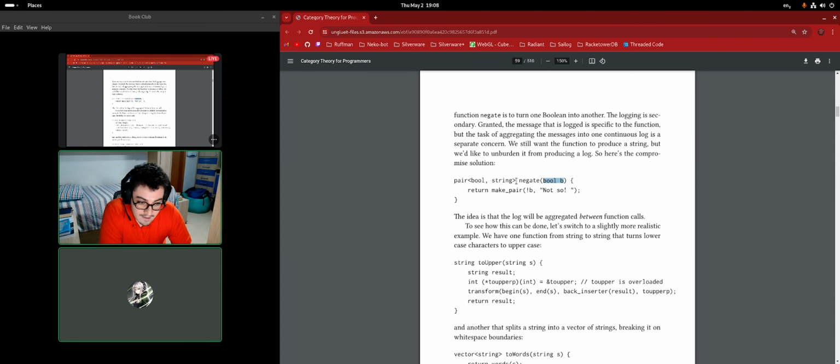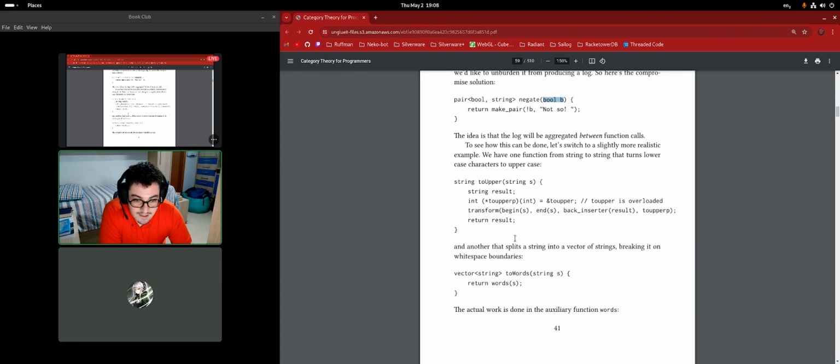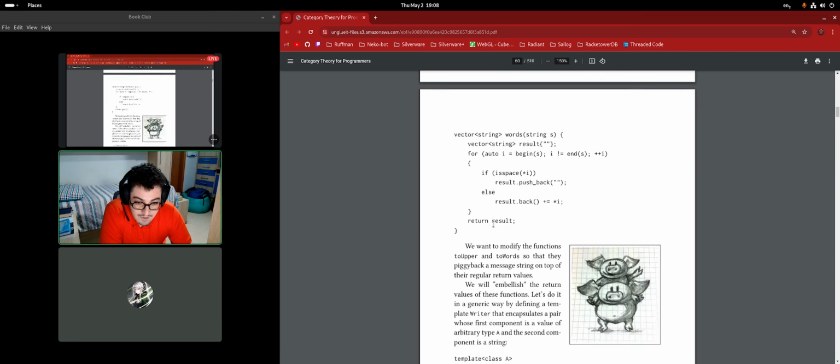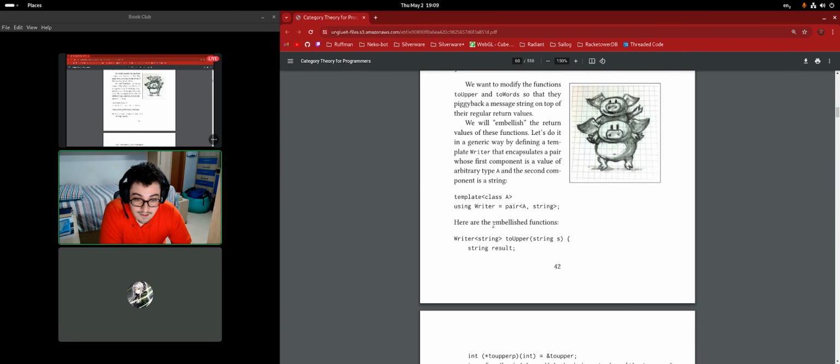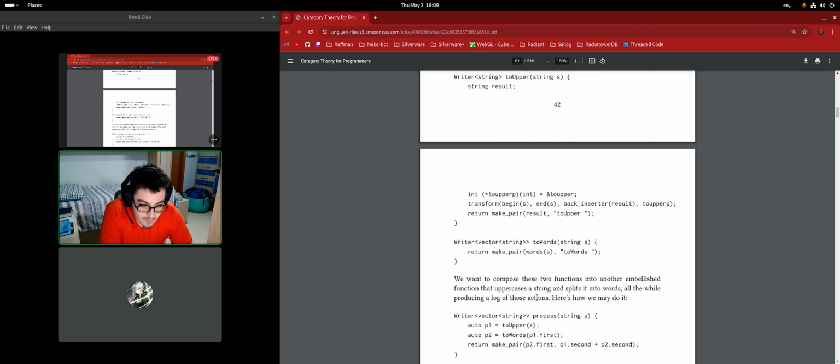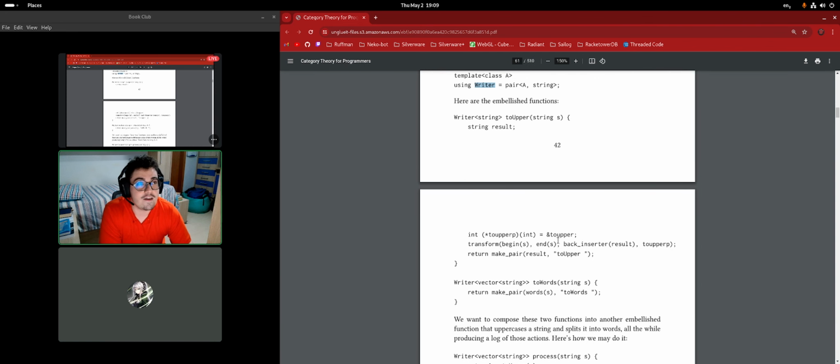Then we have an example here of how to uppercase strings in C++, and then you're going to define an alias for this pair with a generic output and the string for logging as a writer. We're going to upgrade our functions to do exactly that. We're going to do toUpper and toWords, and add their participation in the logging process by doing this.